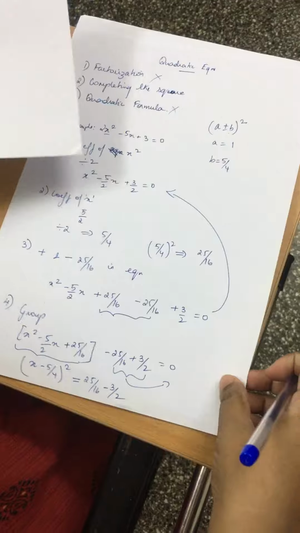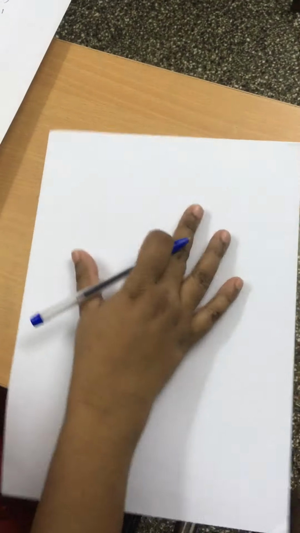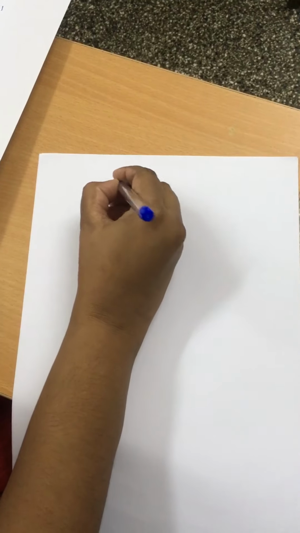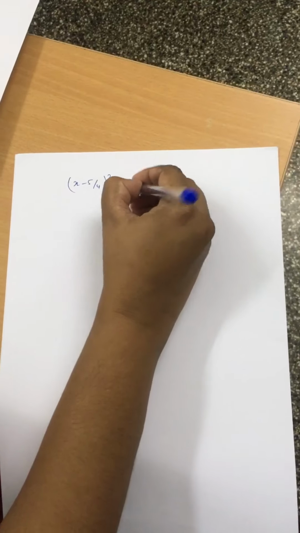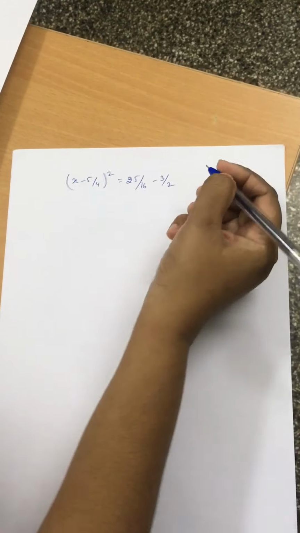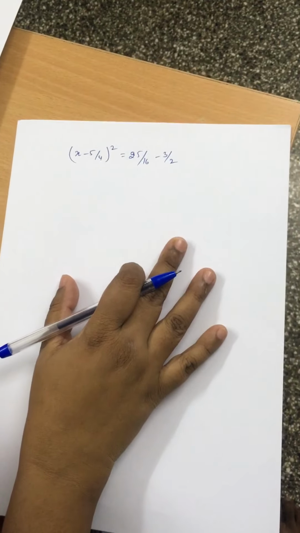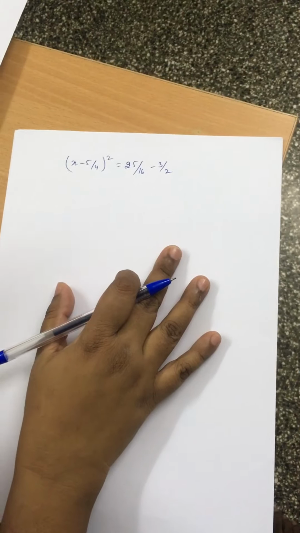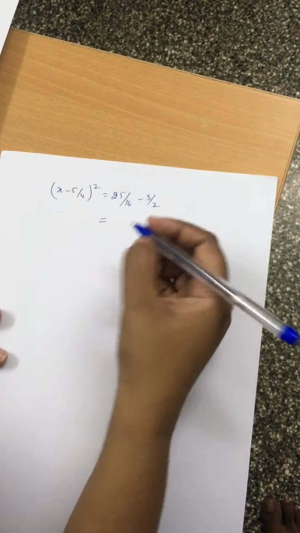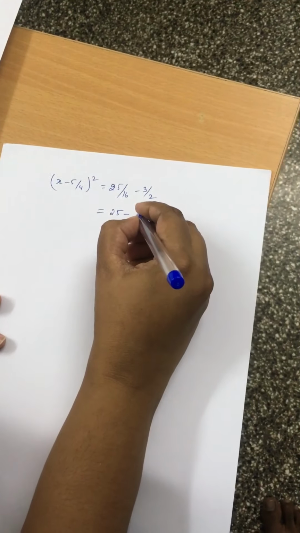Okay, I need to turn the page over, so please bear with me. Let me start again with the same equation where I left it. Okay, after this it's pretty simple. Since there's a square on the LHS, all you need to do is take a square root on the RHS. But before I do that, let me just simplify this, take the LCM and simplify this.